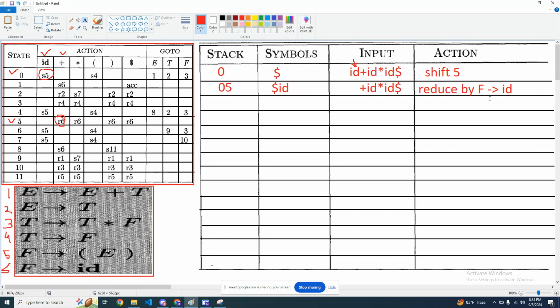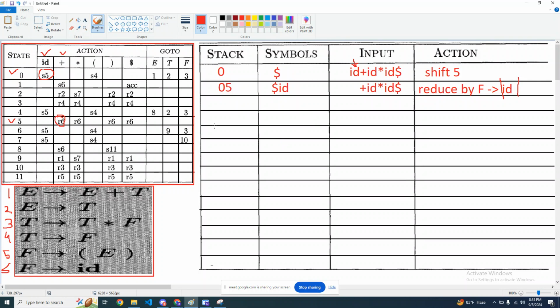So whenever you are reducing, you need to do two things, right? First of all, you need to calculate the cardinality of this production rule. To calculate the cardinality, we simply calculate how many terminals or non-terminals are in the production body. So how many terminals or non-terminals are in the production body? Only one, right?